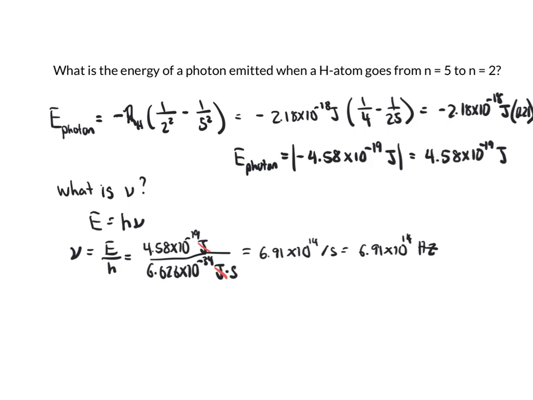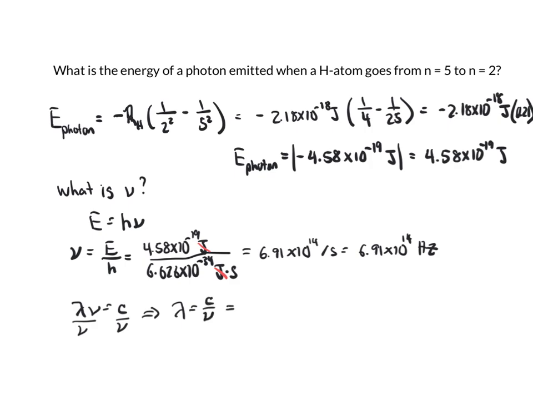If I wanted to know the wavelength of light, remember that frequency times wavelength is equal to the speed of light. So if I want to know the wavelength, I divide both sides by the frequency, and that will tell me that the wavelength is the speed of light divided by the frequency.